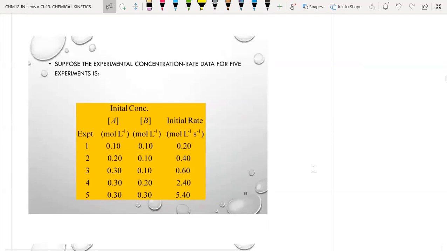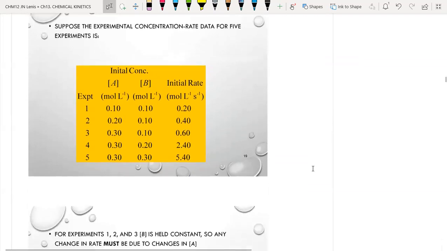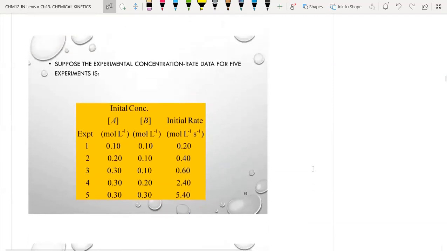Using experimental data, we can figure out the order of the reaction. Let's say we have a reaction A plus B making products. And we know that the rate law for that reaction equals what?